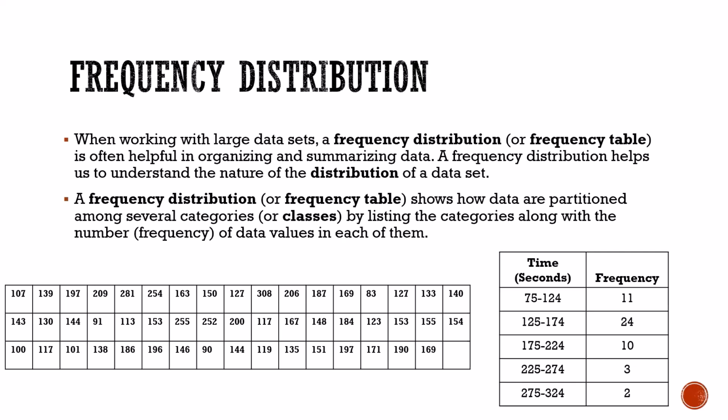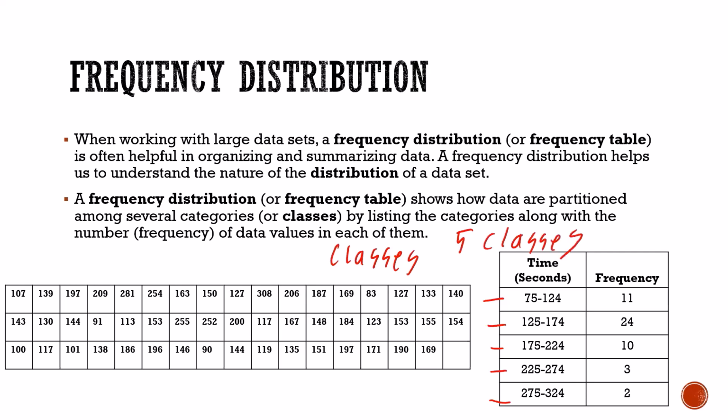Twenty more waited from 125 to 174 seconds. So these are the categories. These different things right here, 1, 2, 3, 4, 5, are called classes. Here we have 5 classes.